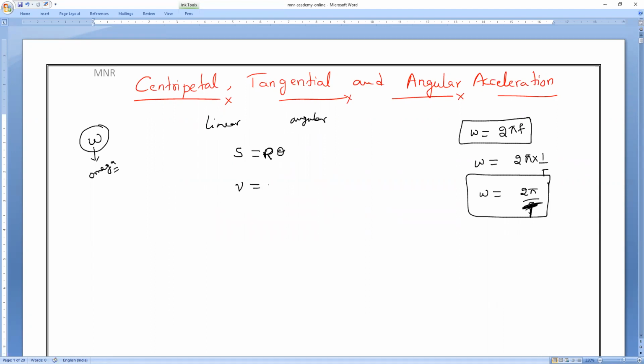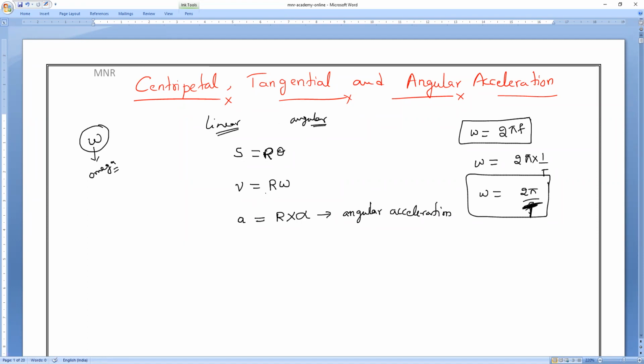In the same way, linear velocity is equal to radius into angular velocity. Today I am going to introduce a new thing: linear acceleration is equal to radius into alpha, where alpha is angular acceleration. This is linear and this is angular.